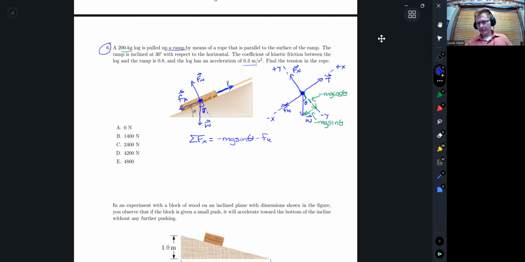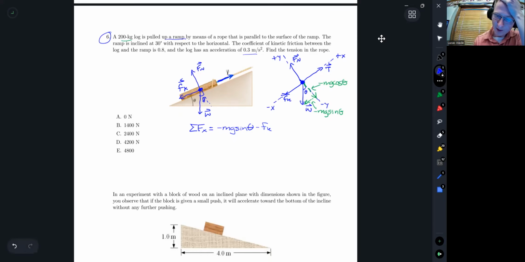So you see that once we get used to finding these components, it's fairly straightforward to read them off the free body diagram once you break everything into components. But what should this be equal to? Should it be equal to 0 in this case? Is the block or the log moving at a constant velocity or at rest? Good. Okay, what should it be equal to?